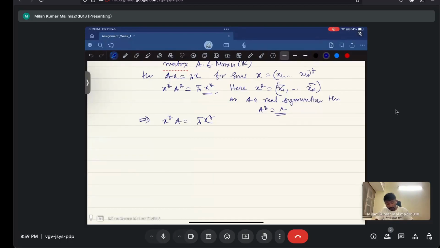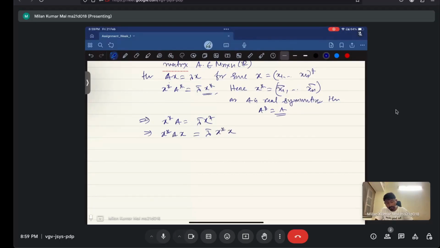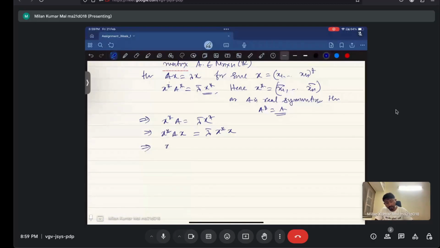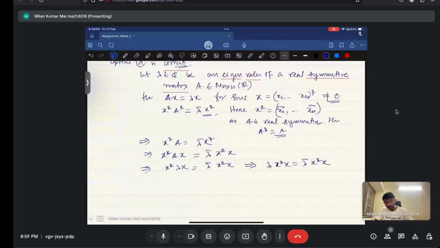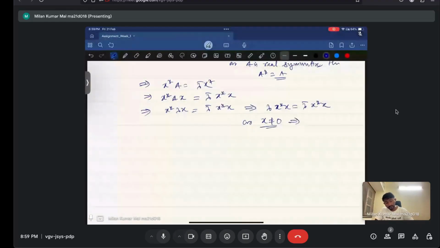Now x star A x is equal to lambda bar x star x. That implies x star lambda x is equal to lambda bar x star x, so lambda x star x is equal to lambda bar x star x. As x is not the zero vector, x star x is also not 0. That implies lambda equals lambda bar.